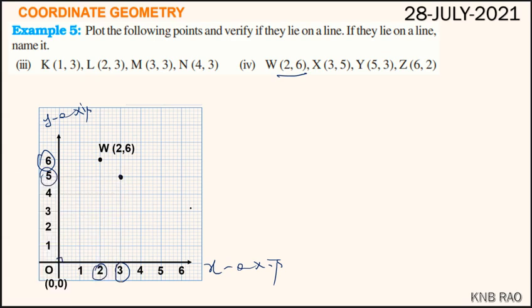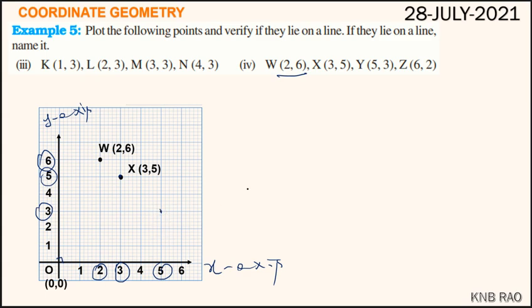So, the point is named as (3, 5). Similarly, (5, 3): 5 units on the x axis means 5 units away from the y axis, and 3 units away from the x axis is called the y coordinate. So, they meet here.